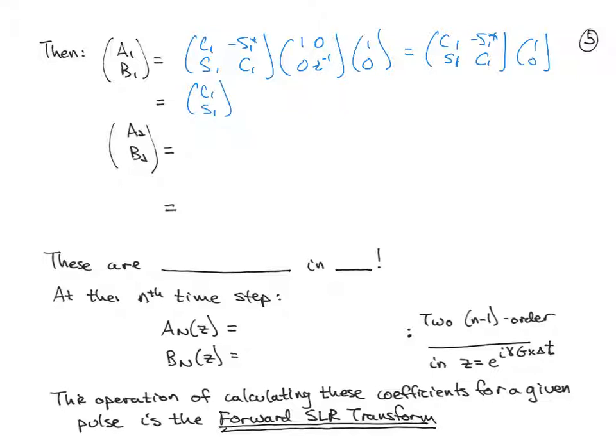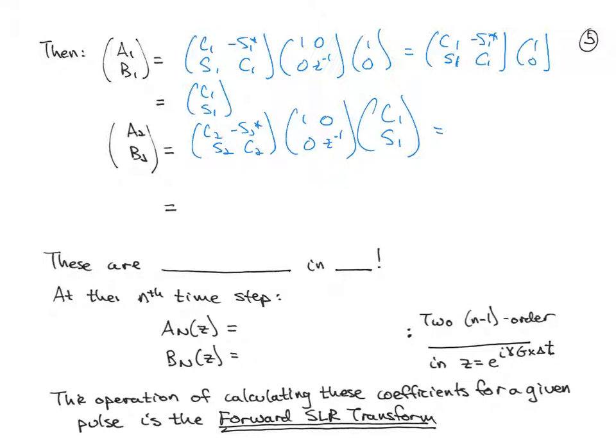Okay, pretty simple so far. In the second time point, we have C2, minus S2 complex conjugate, S2, C2, times 1, 0, 0, Z inverse, times C1, S1. Okay, but that simplifies.